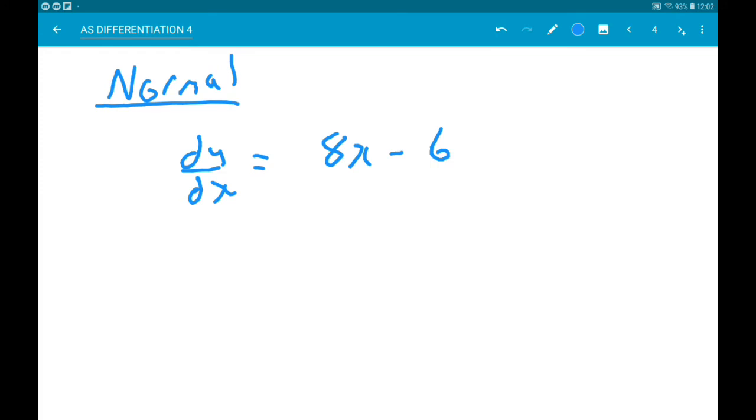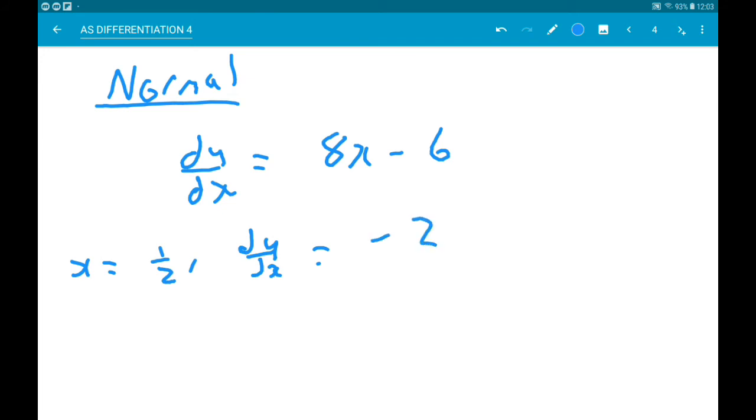Now, when x is 1/2, dy by dx is going to be 4 minus 6, which is minus 2.